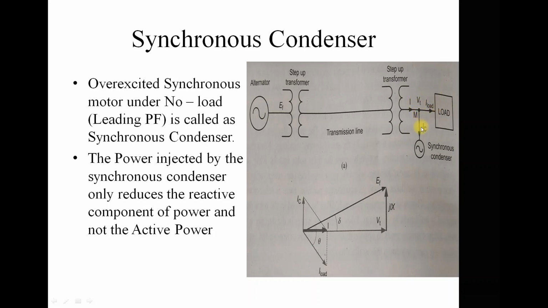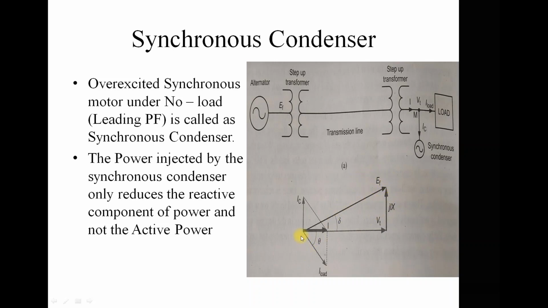So how is it going to inject reactive power into the system? We will see that here. Here you can notice this is the terminal voltage VT, which is the base of this vector diagram, and here is the back EMF. The IA XL drop will be added to this VT, so that we get this back EMF.